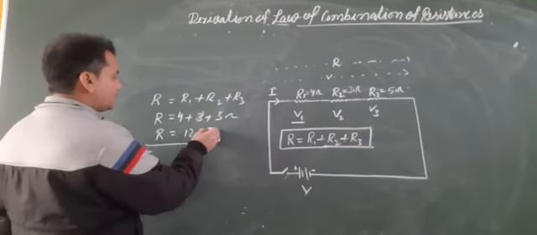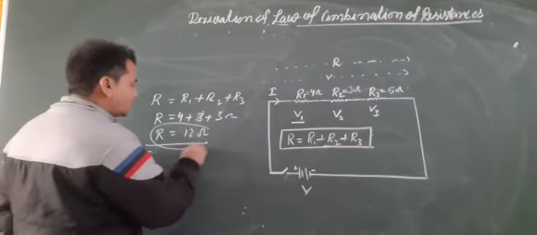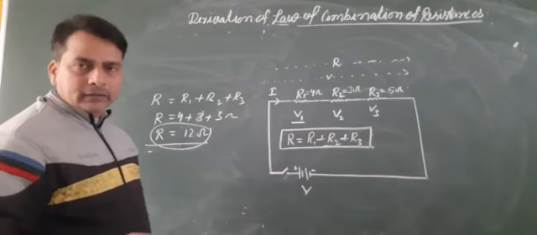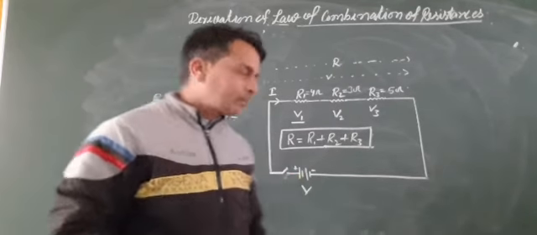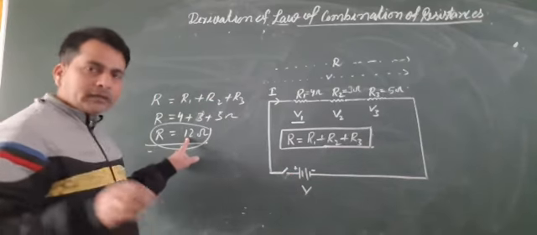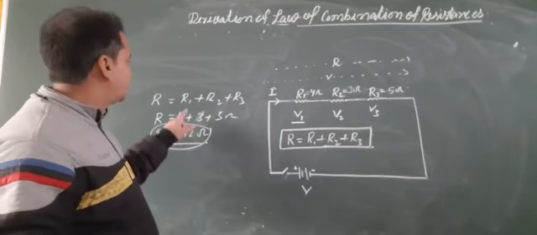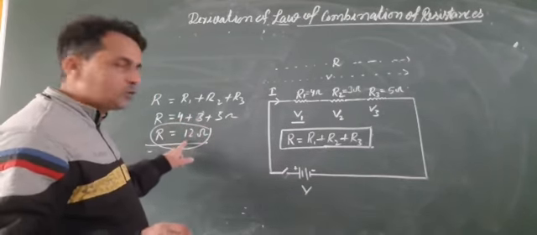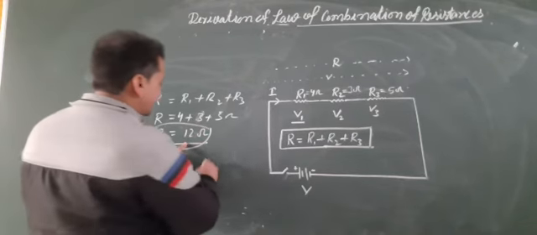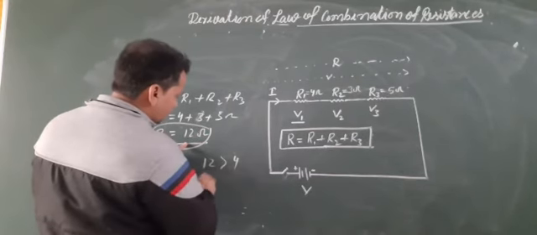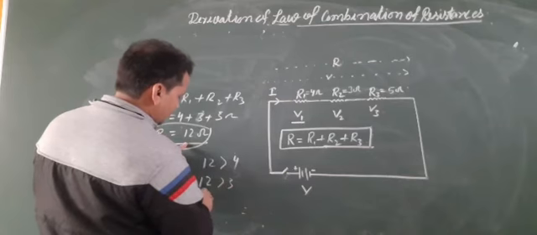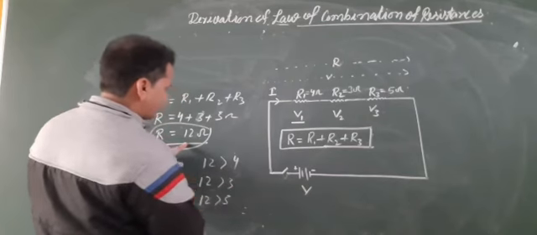The total or net equivalent resistance of 4, 3 and 5 is 12, and 12 is greater than 4, 3 and 5.